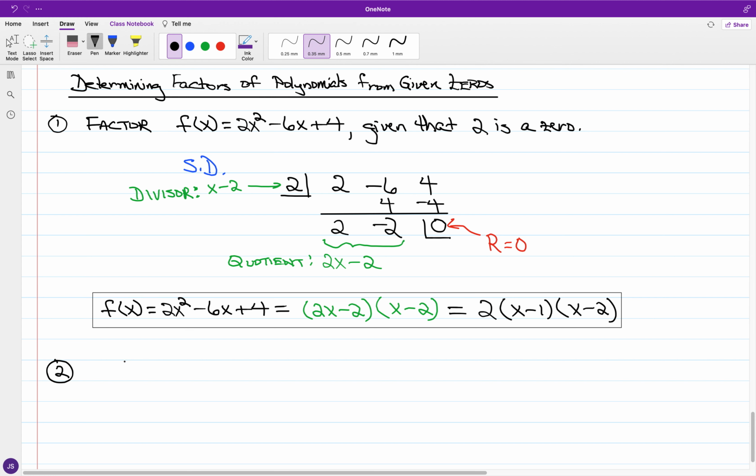And let's say in the case of factoring, you have a cubic polynomial: 4x cubed minus 20x squared plus 33x minus 18.